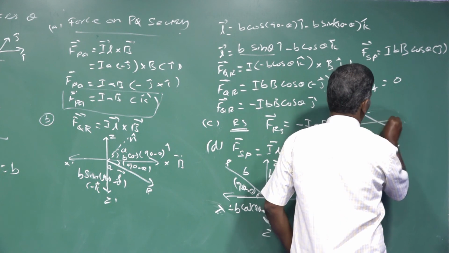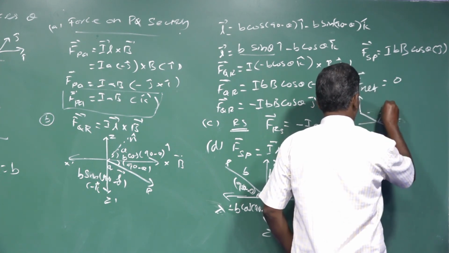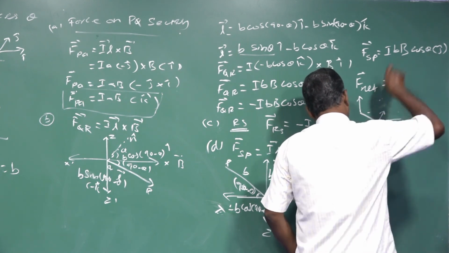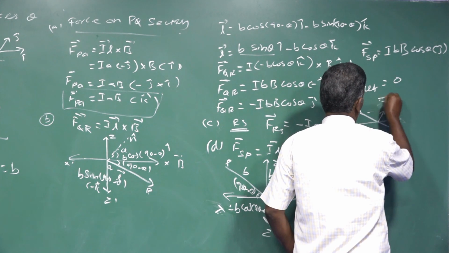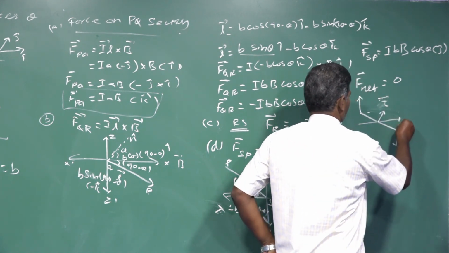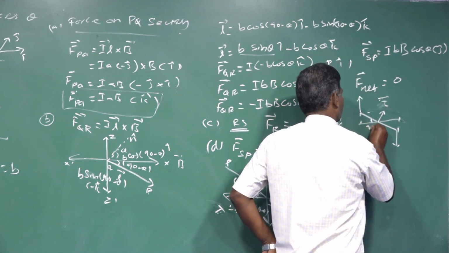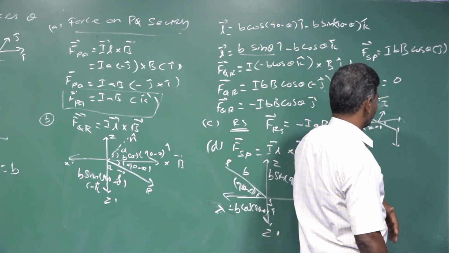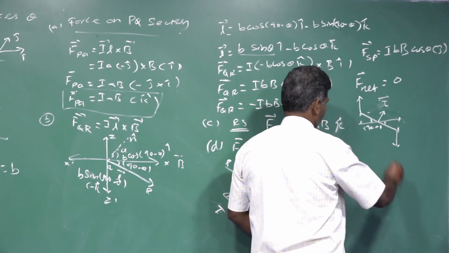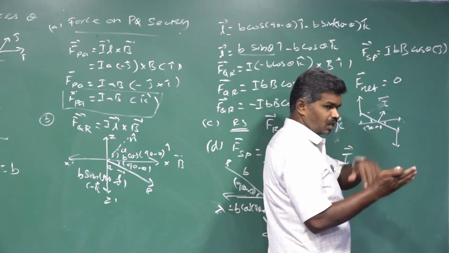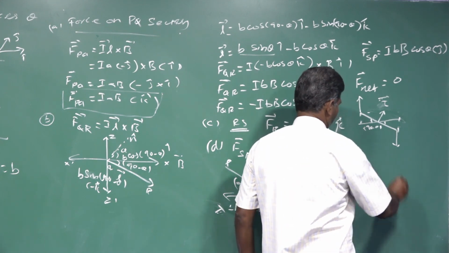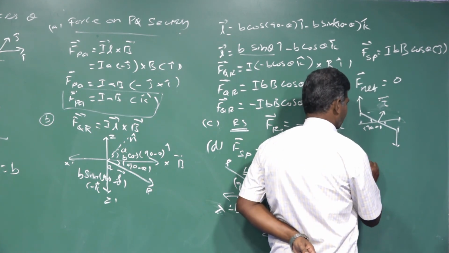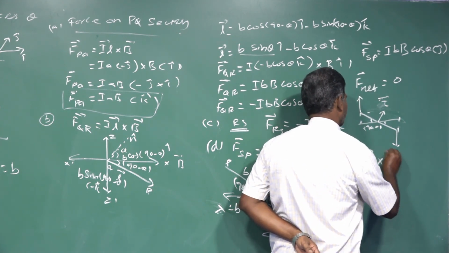Then the middle point we take is n cap, along the y direction, which is the torque direction, and here 90 minus theta, here also we take 90 minus theta, which we are resolving. Finally we get the torque. Tau vector is the total torque we are going to calculate. We have a single term only, so the basic formula is R vector cross F vector.